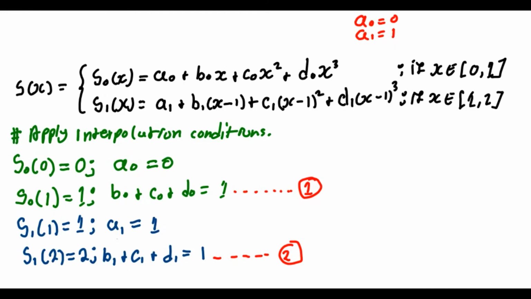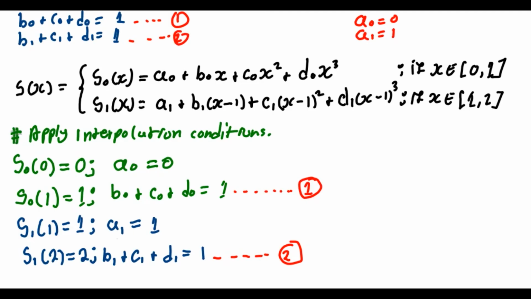So I can write the equations that I have: b naught plus c naught plus d naught is equal to 1. Then I also have b sub 1 plus c sub 1 plus d sub 1 to be equal to 1. So we said we have allowed this to be equation 1 and this to be equation 2.